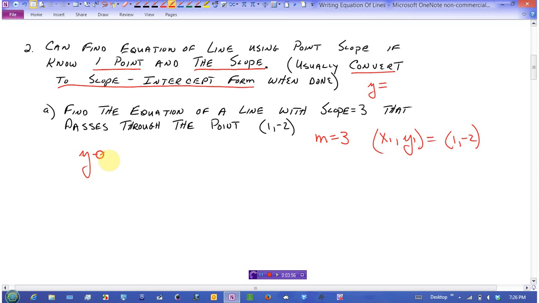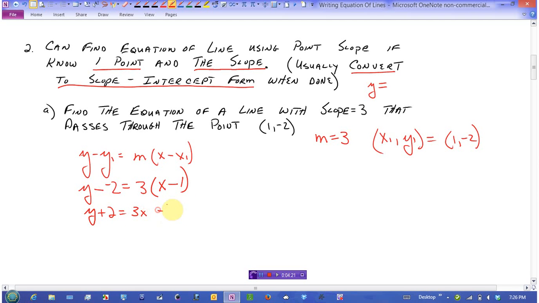We have y minus y1 is equal to the slope times x minus x1. Plug in the values in. We have y minus, and the y value is a negative 2, is equal to the slope, which is 3, times x minus x1, and x1 is 1. Y plus 2 is equal to 3x minus 3.